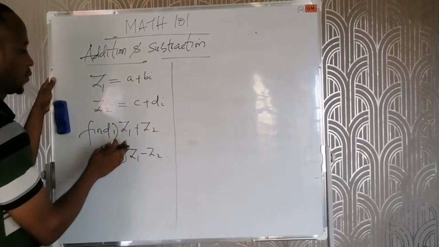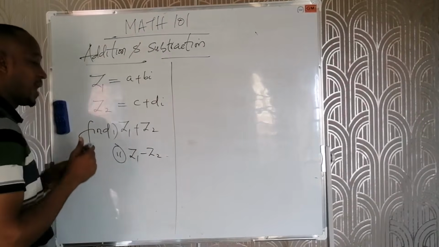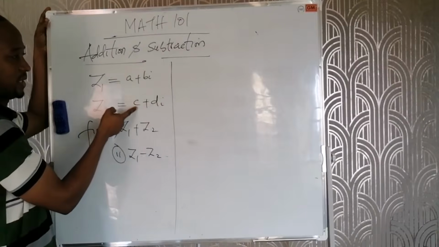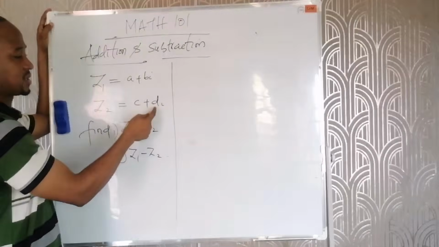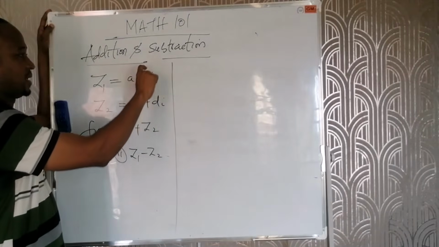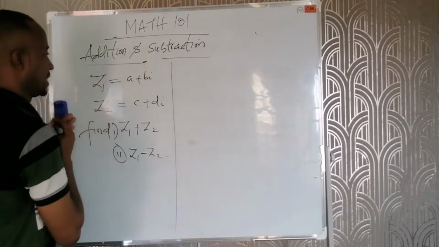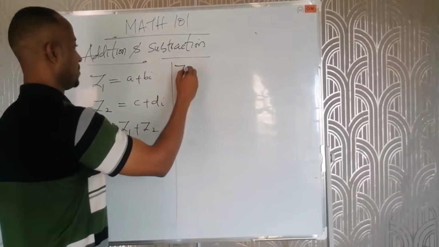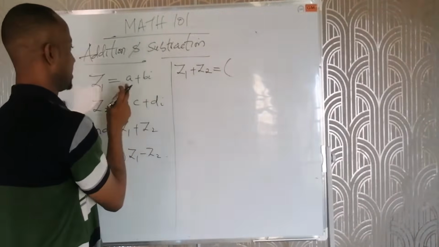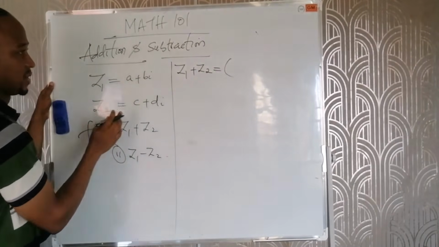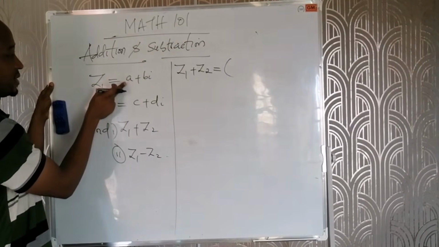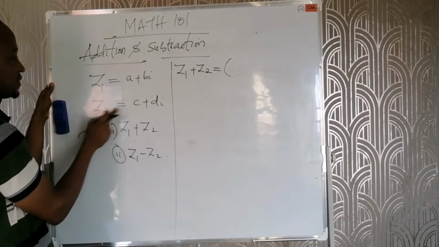Now, how do we find z1 plus z2? While adding complex numbers, what we do is add up the real with the real, then the imaginary with the imaginary. The real of z1 is a, while the real of z2 is c.